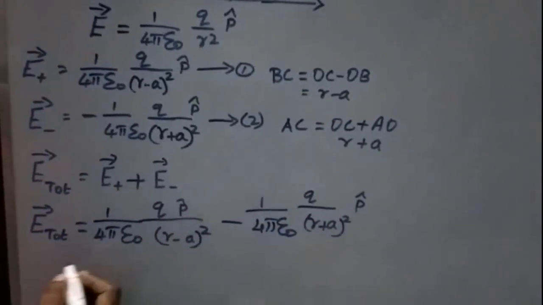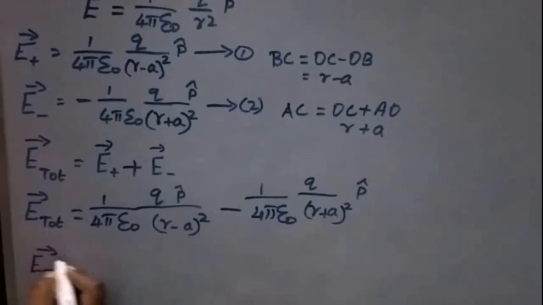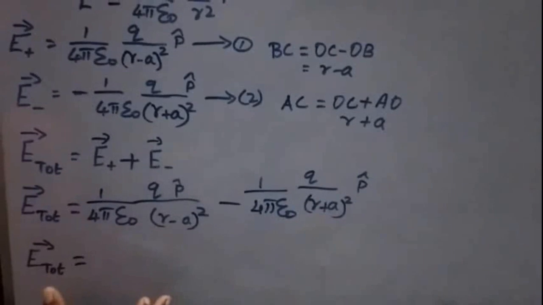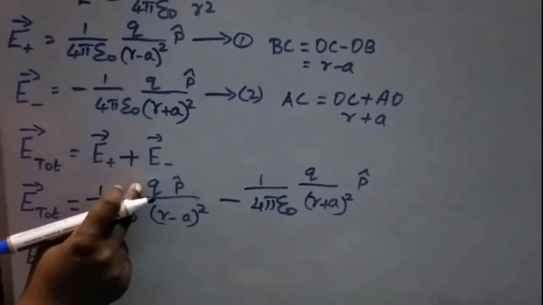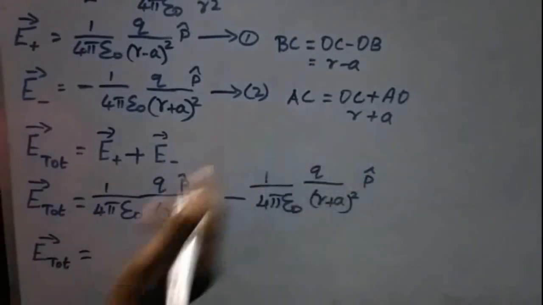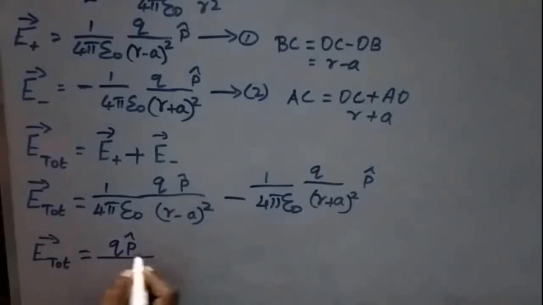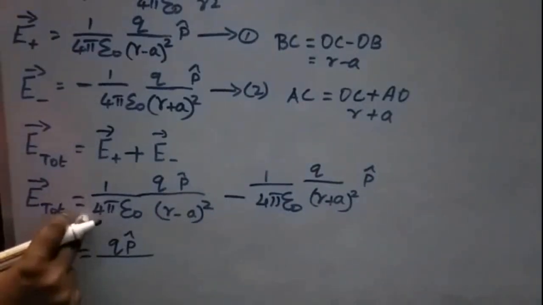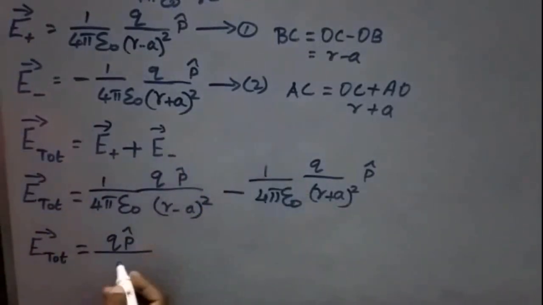So take the common terms outside. In this term, in the numerator we have q p cap. Here also q p cap. So q p cap is taken outside. And in the denominator we have 4 pi epsilon 0. Here also 4 pi epsilon 0.